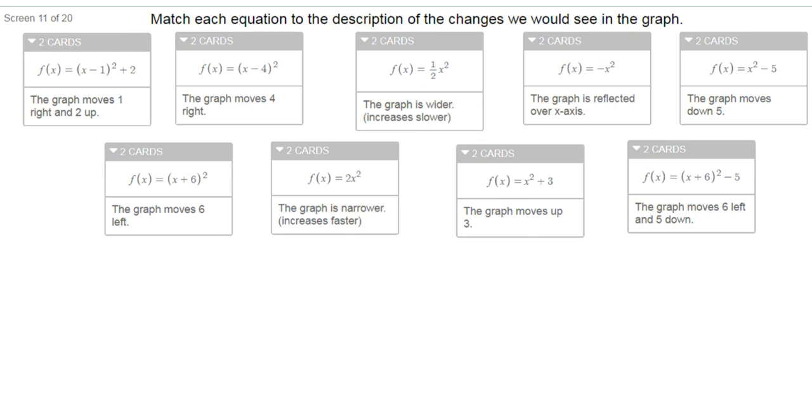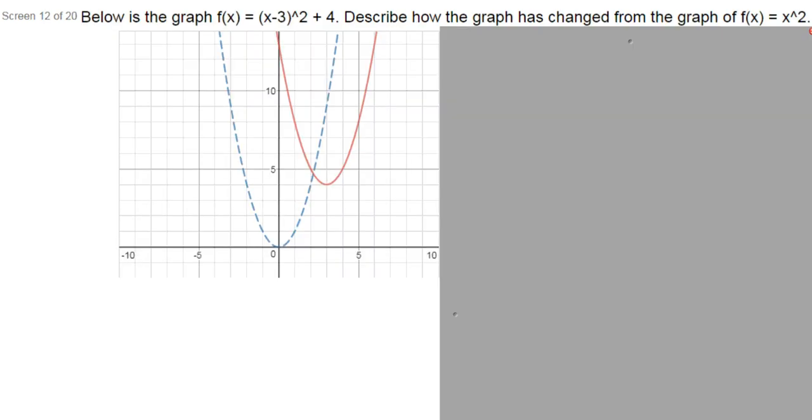Then we asked you a couple things about this one function here, describing how it changed. The parent function x squared is here in blue, and our transformed equation is x minus 3 squared plus 4. If you just look at the vertex for each of these functions, it's normally at 0, 0. Now we can see that the vertex is at 3, 4.